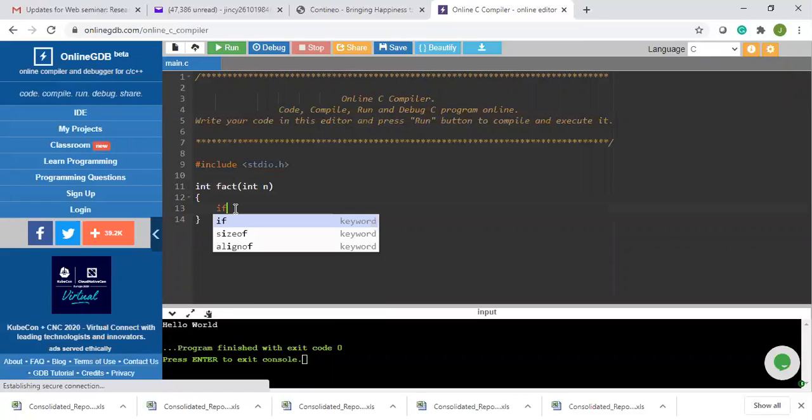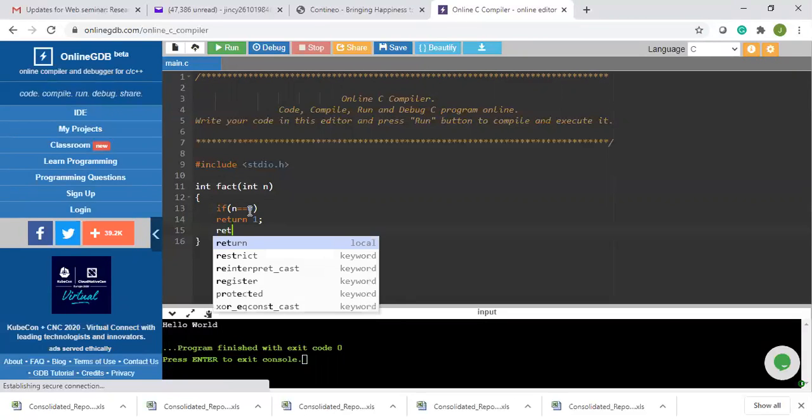I'm going to have one condition to check: if n, my number, is equal to 0, and this condition is satisfied, then I have to return 1.